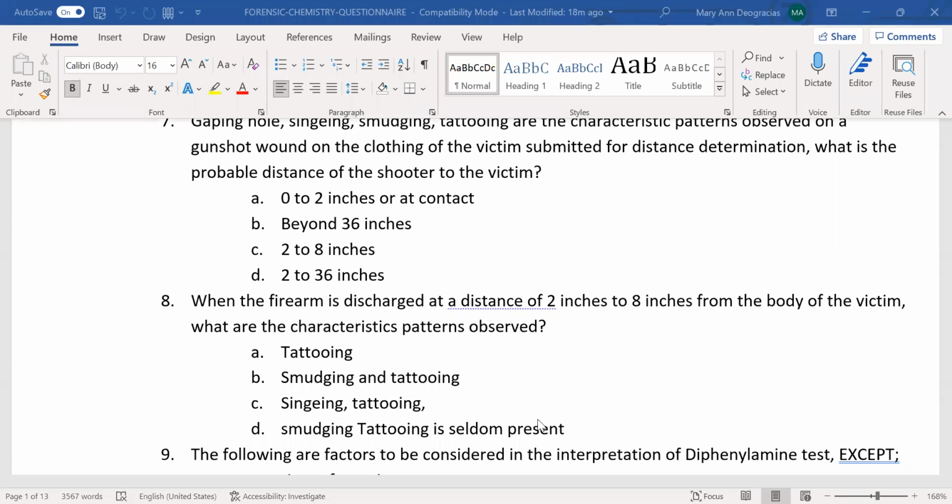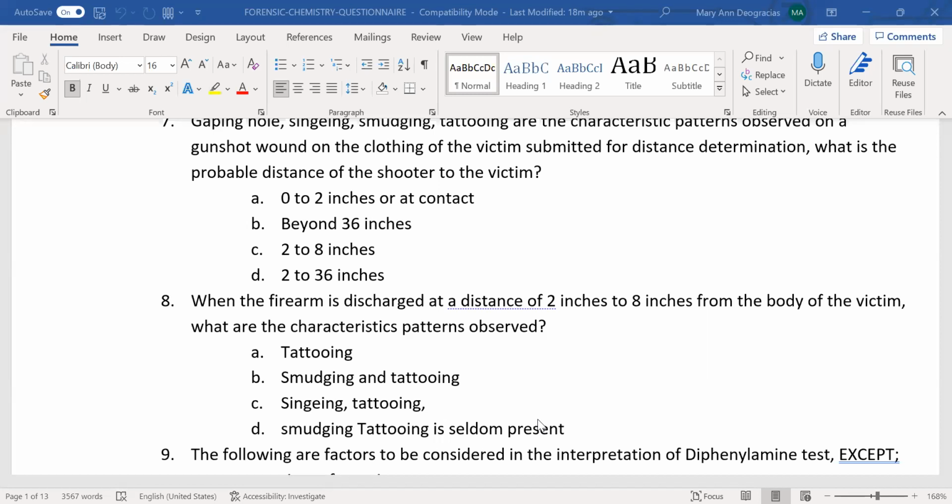For 2 to 36 inches, or that should be 8 to 36 inches, that should be a choice in number 7. Going back to number 7, one of the choices there should be 8 to 36. If it's 8 to 36, what characteristic pattern can we see, guys?